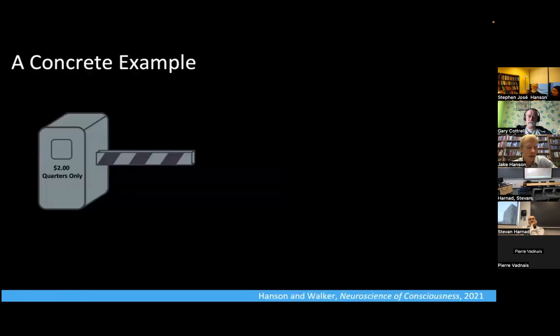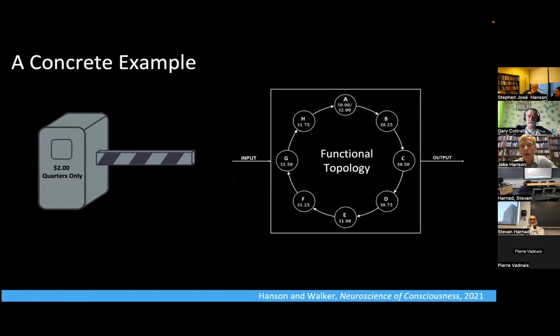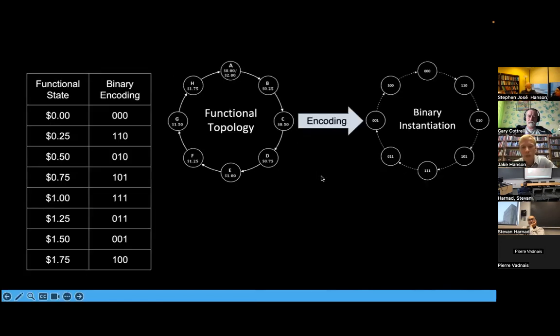I'd like to talk about a concrete example just to help ground thinking. The example I'm going to use is a toll booth that takes $2 in quarters only. What it really is is a mod 8 counter. It counts to 8 through 8 internal states. To make this circuitry, you need to assign these functional states a binary coding.